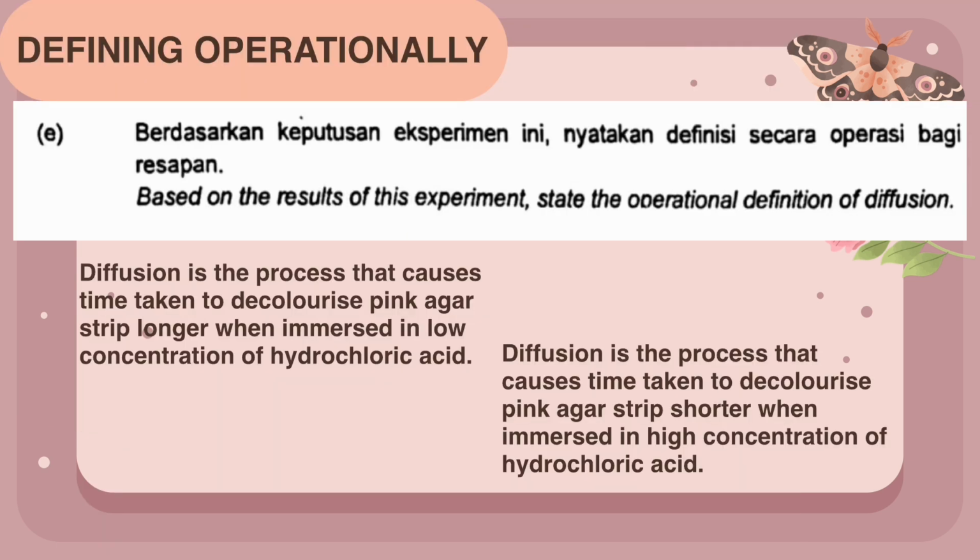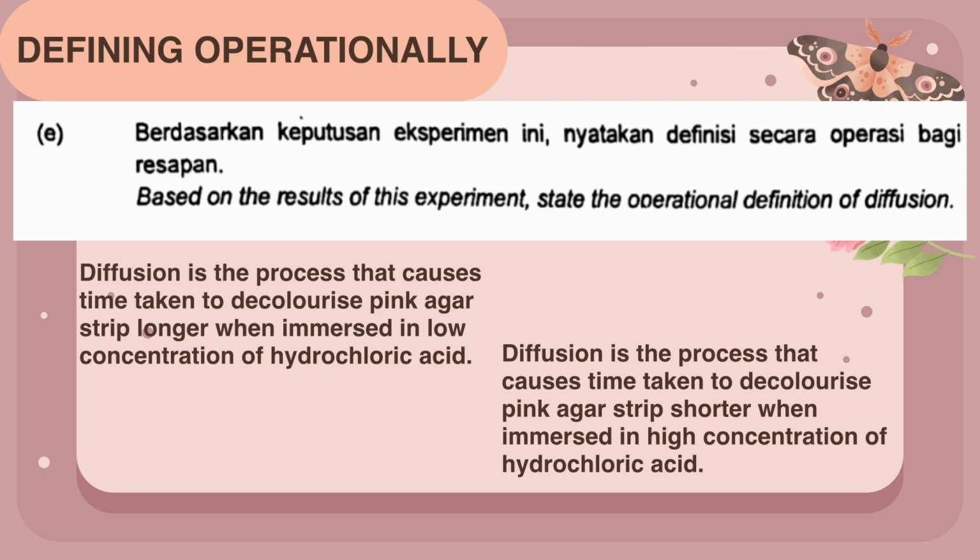And the question under defining operationally: based on the results of this experiment, state the operational definition of diffusion. There are two answers which you can use for this question. The first answer is diffusion is the process that causes time taken to decolorize pink agar strip longer when immersed in low concentration of hydrochloric acid.